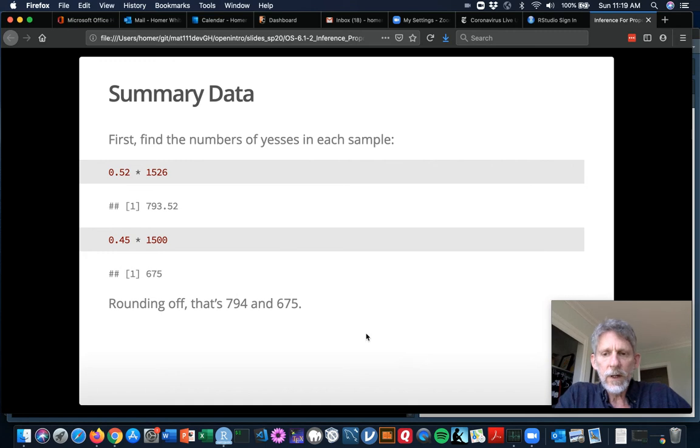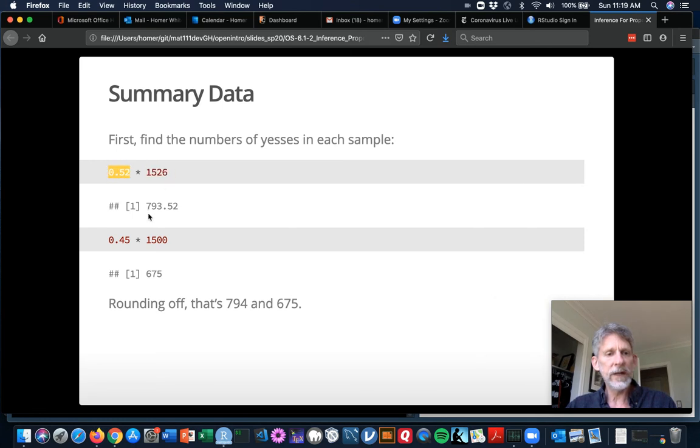So if you're going to use proptestGC to help you out with confidence intervals and hypothesis tests, you're going to have to find out how many people actually said yes in each sample. Yes, we ought to impeach Trump. So you'll have to use your sample proportions for it. Out of the 1,526 people in October, 52% said yes.